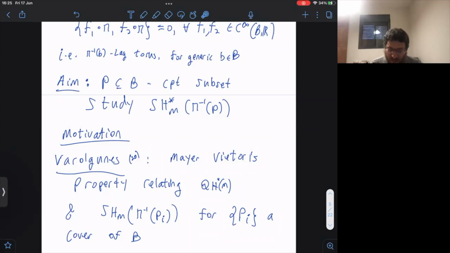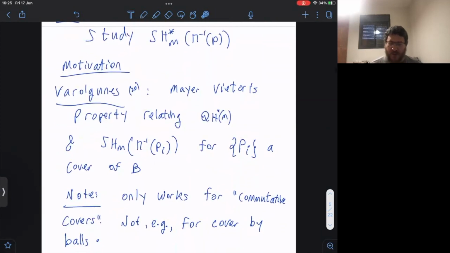And I should say this is only true for covers like the one we are considering. For example, if you consider a cover of a symplectic manifold by balls, topological balls or symplectic balls, then if the balls are small enough that they're displaceable, the relative symplectic homology of the displaceable set is 0. So in general, it's not reasonable that you should be able to piece together global invariants from things which are locally 0.